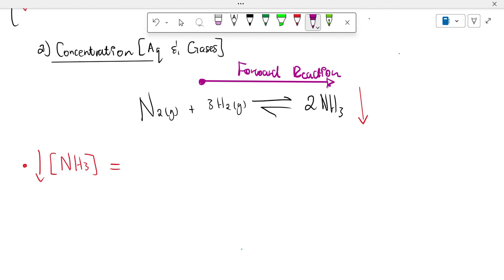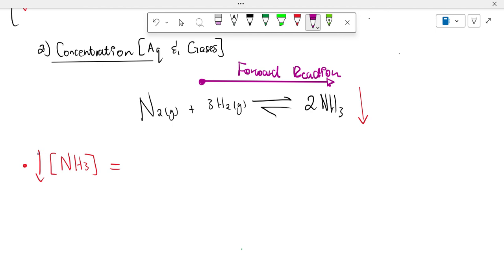Is this making sense? I hope this is making sense. I decrease the concentration of ammonia, which is a product. And as a result, for the system to counteract the disturbance, it must favor the side where you decreased or increased. In this case, I decreased the concentration of ammonia. And remember, ammonia is a product.